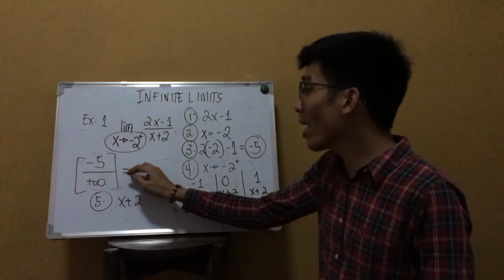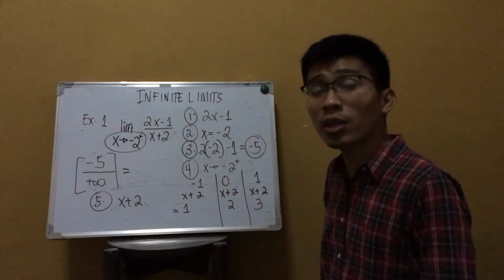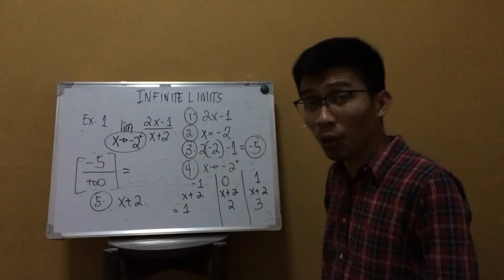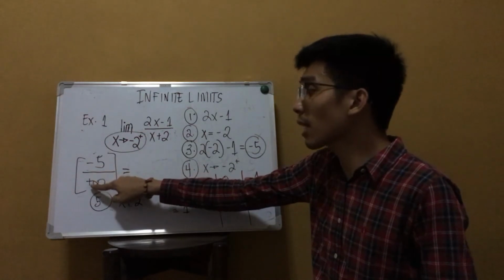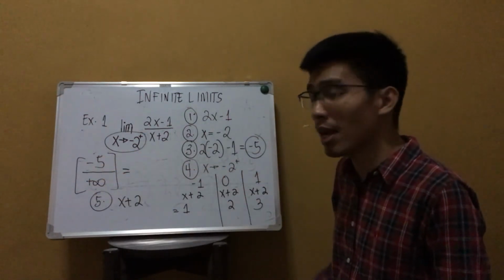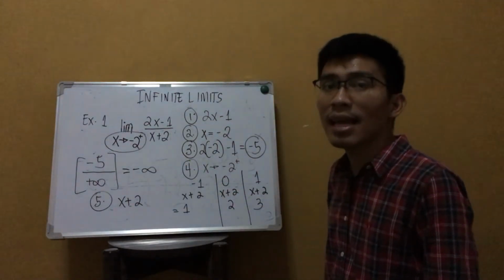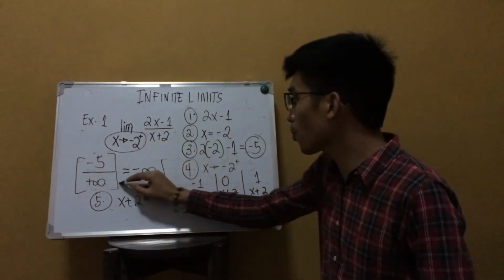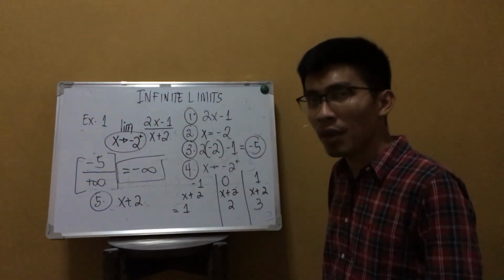Afterwards, you have to divide negative 5 and positive infinite, or simply divide the signs. Your sign at the top is negative and the sign at the bottom is positive. Negative times positive is negative, and obviously that is negative infinite. In short, the limit of this function is negative infinite.